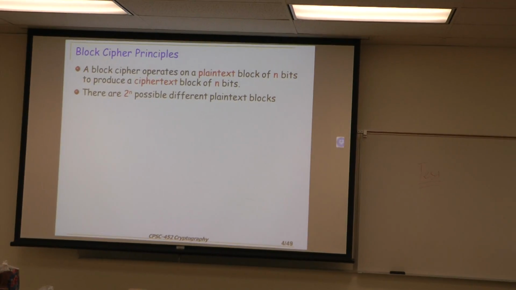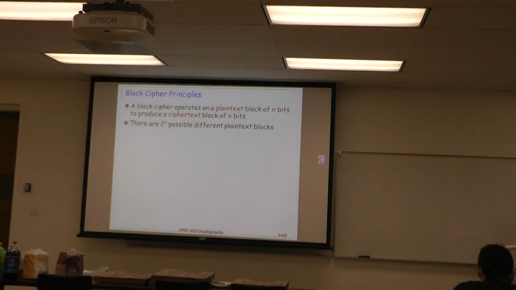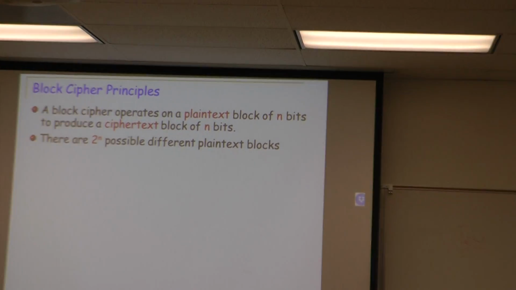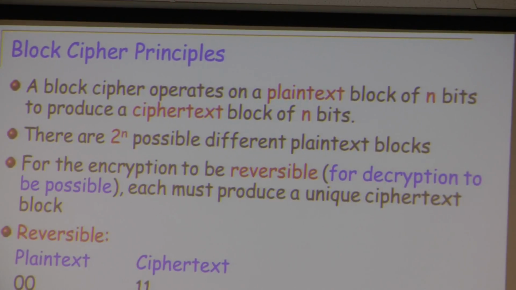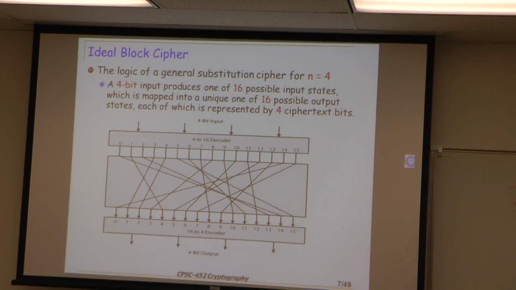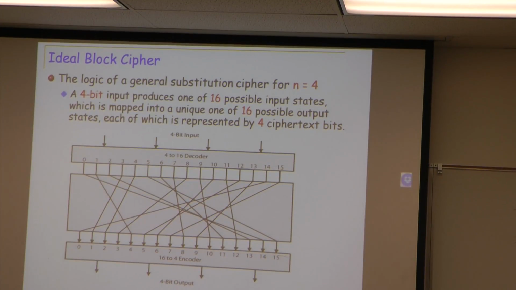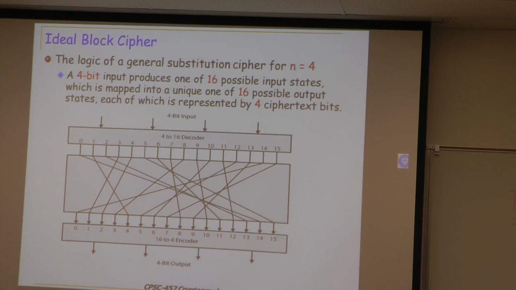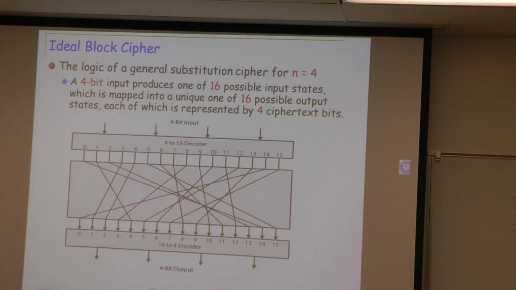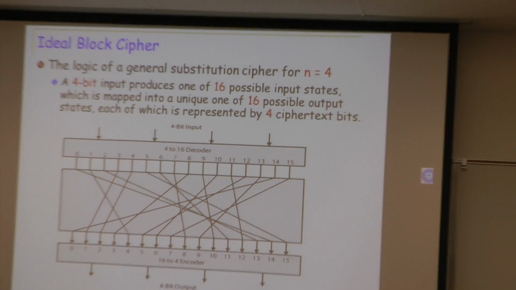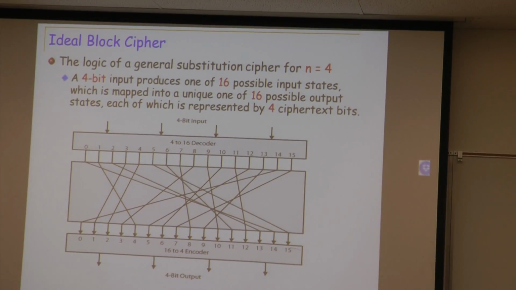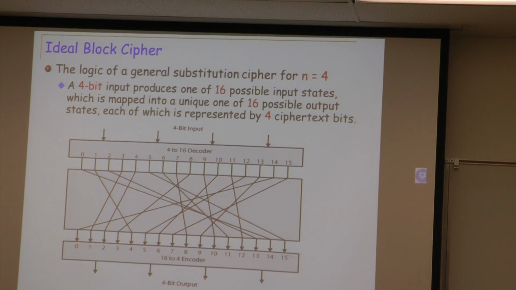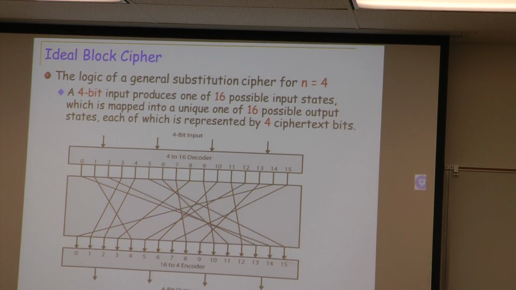And if I have an n-bit block, then I can have 2 to the n possible plain text blocks or ciphertext blocks, right? Make sense? All right. Now, another concept which I'd like you to understand is how many mappings can I have from plain text to ciphertext if I have an n-bit block cipher, assuming we use an ideal block cipher.